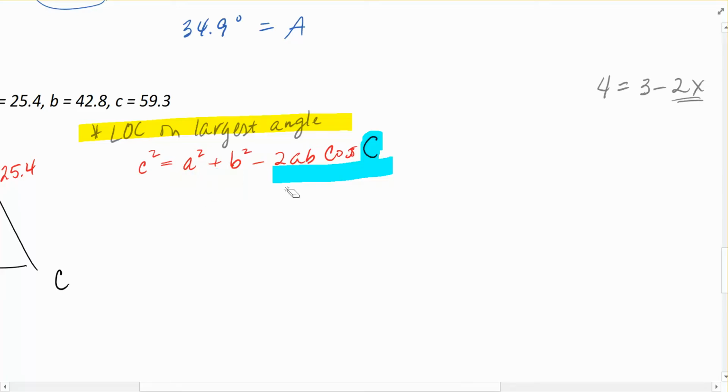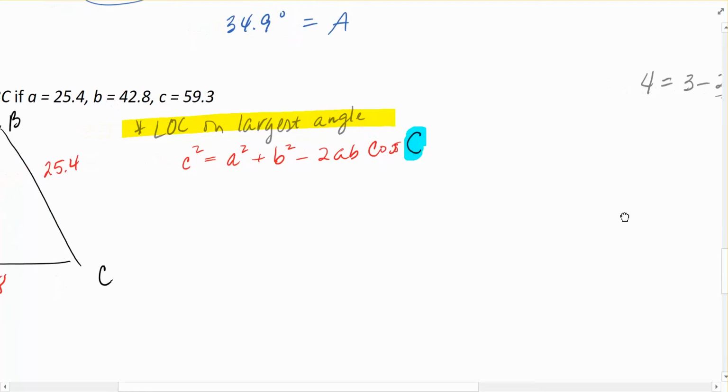So in order to solve this algebraically, we usually subtract things that are being added, right? So I am going to subtract a squared plus b squared to the left-hand side. That gives me c squared minus a squared minus b squared, still equal to negative 2 times a times b times the cosine of C.